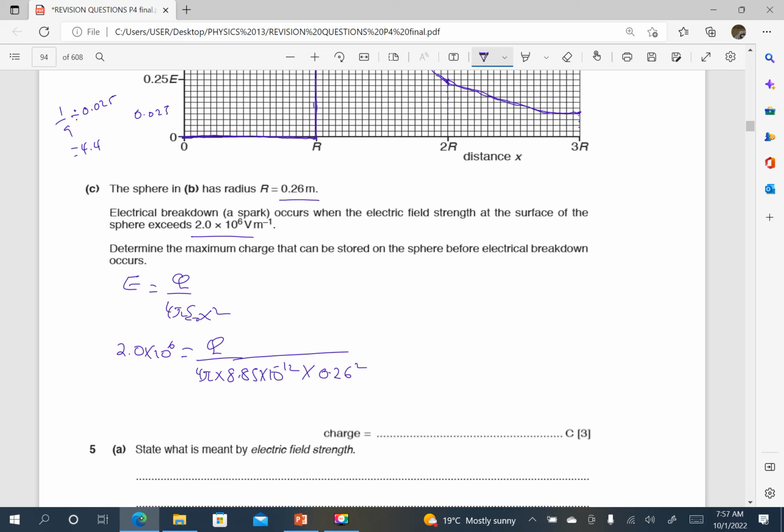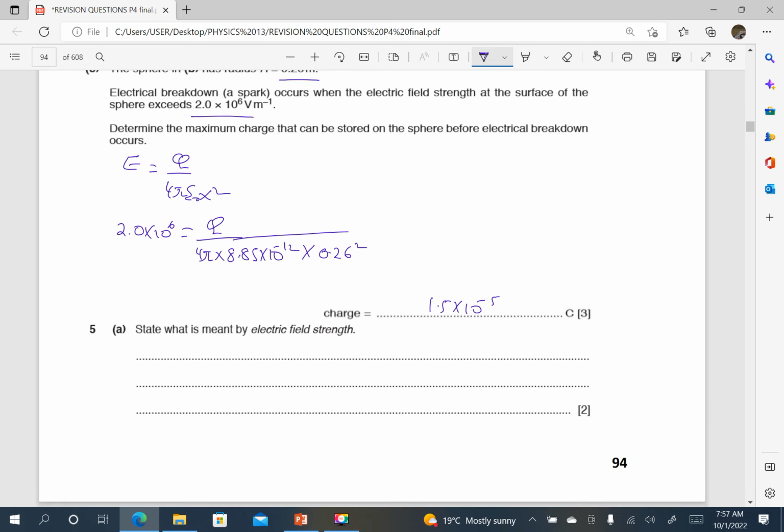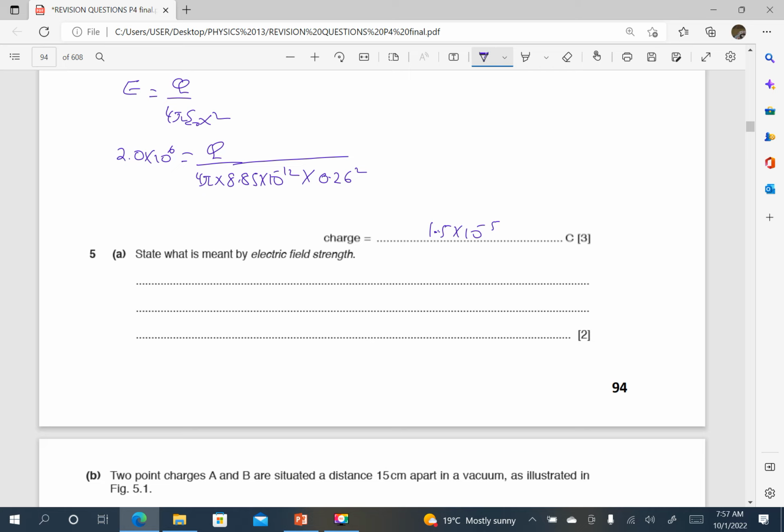Pressing the calculator. When I press my calculator, I arrive at 1.5 times 10 power negative 5 coulombs as the charge. State what is meant by electric field strength.